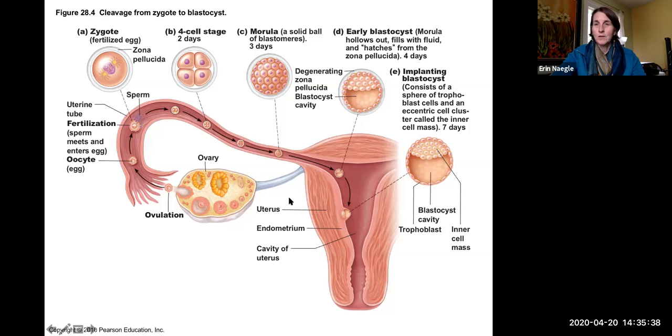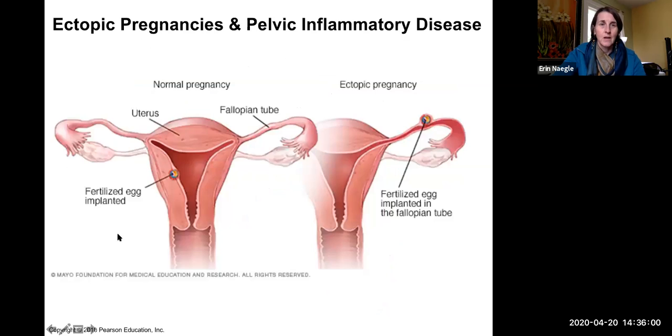Usually what ends up happening is major hemorrhaging inside the body of the woman. The growing embryo, fetus, baby dies, and the woman is also at risk of dying from that event. So if that is the case, those pregnancies are usually surgically aborted early on.